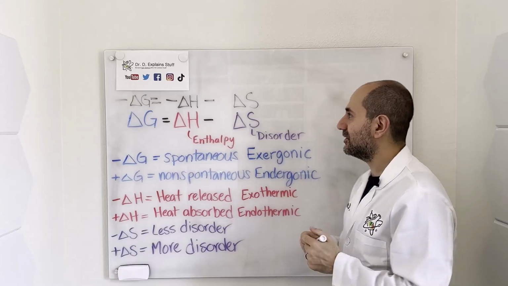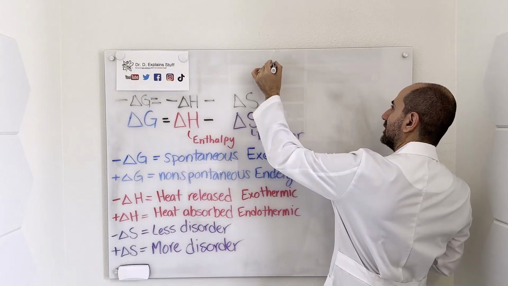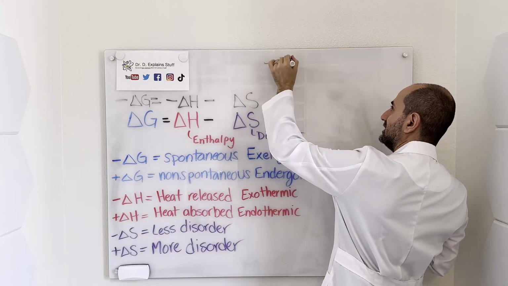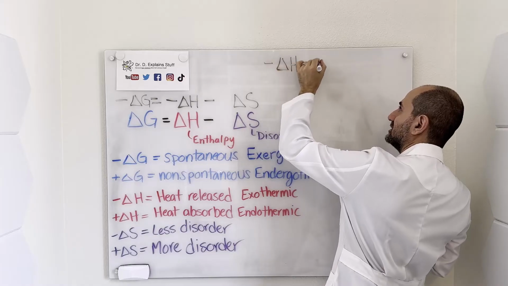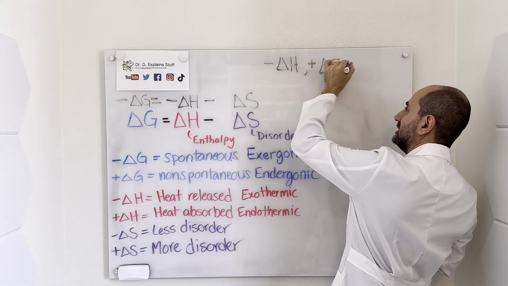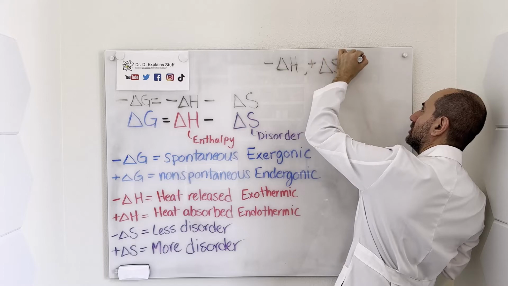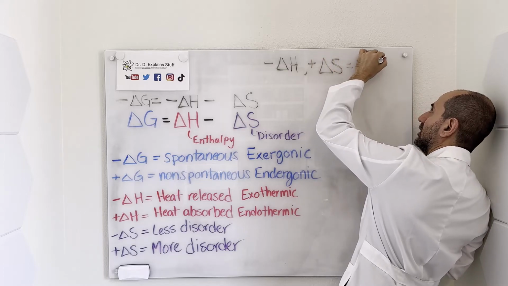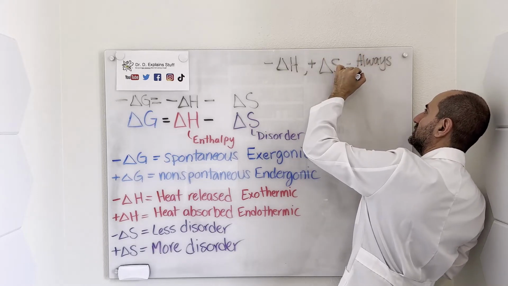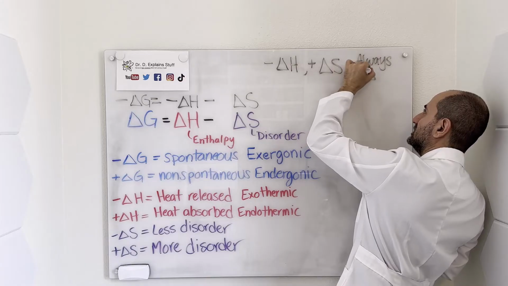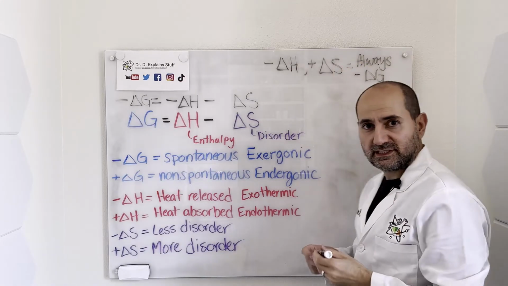Isn't that neat? So again, a reaction with a negative delta H and a positive delta S is what? Always spontaneous, which means always negative delta G. Isn't that interesting? Do you agree?